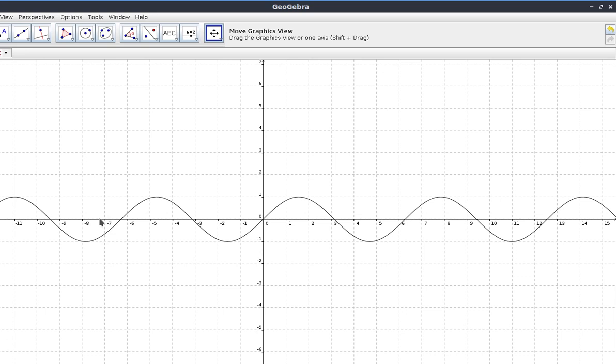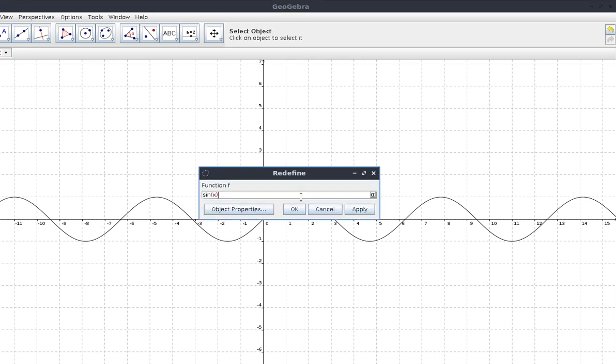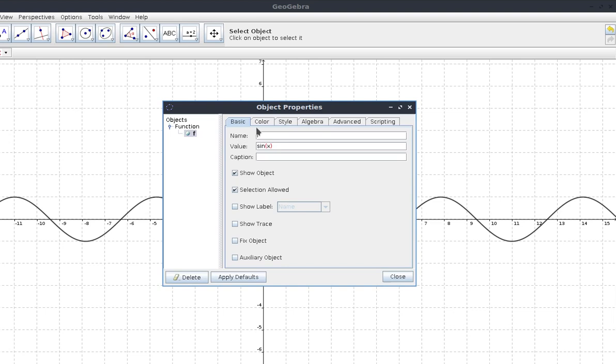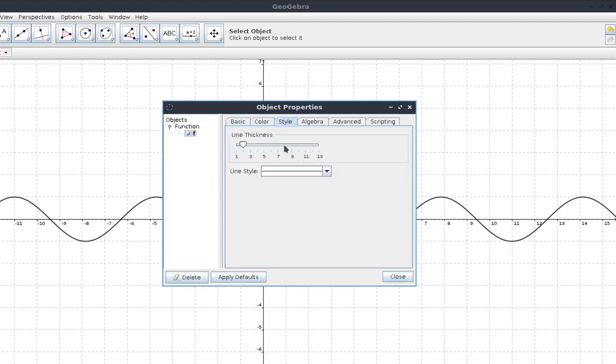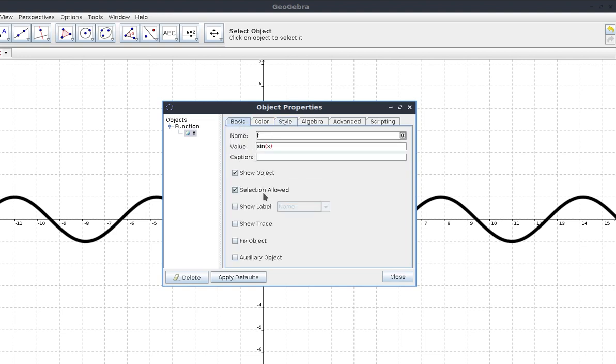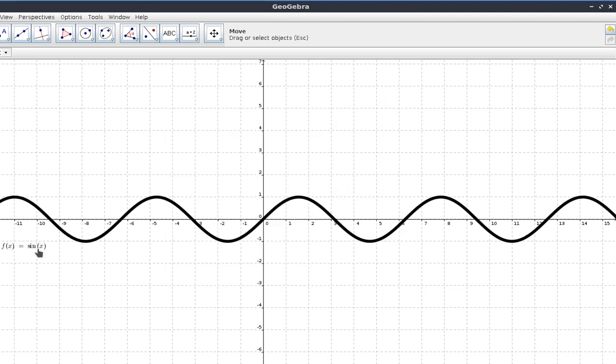Alright, this is our sine wave. Let me make some modifications to the appearance of it, make it thicker. So f of x equals sine x is what it calls it.